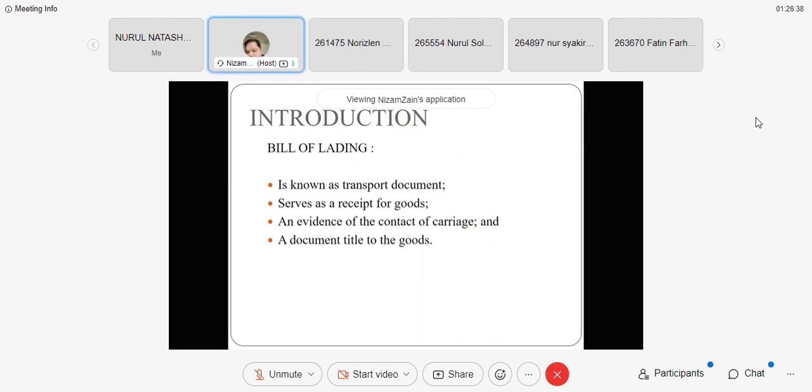Some of the terms are manifest, a document also used by airlines. Usually, the airline uses manifest. Waybill is usually used by road transport freight, or by rail.